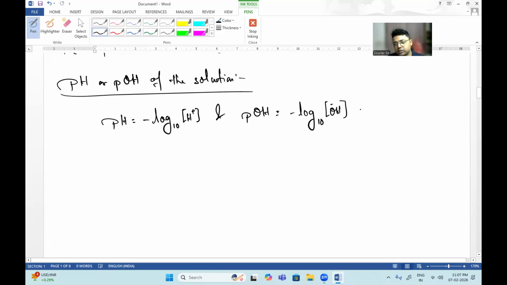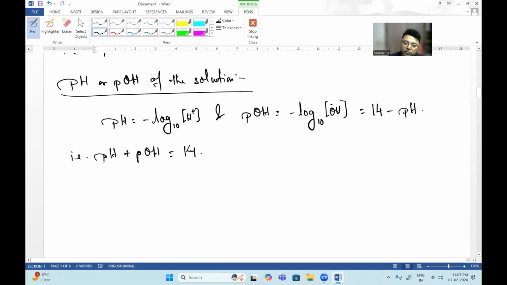Even pOH can be written as 14 minus pH. That is pH and pOH. If we add them, you will get 14.